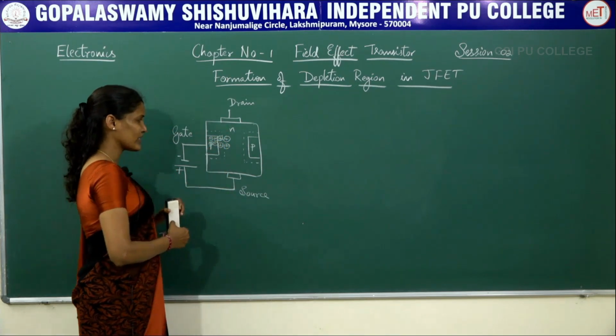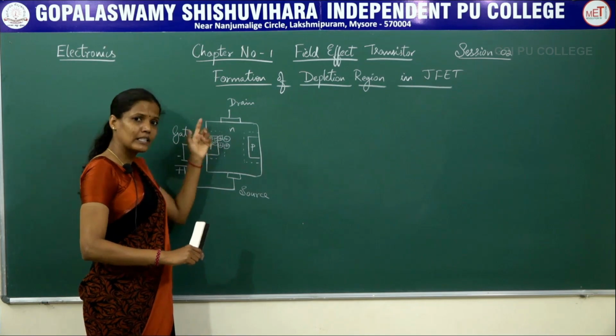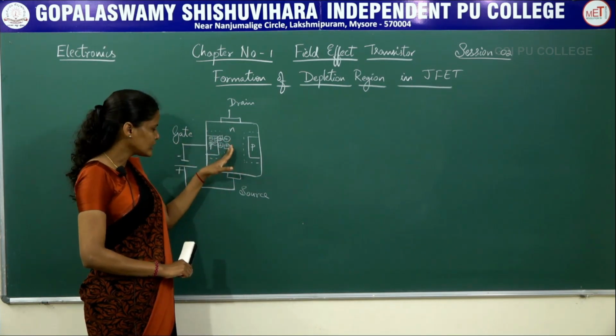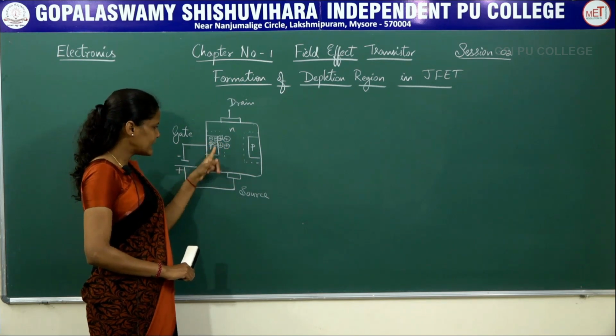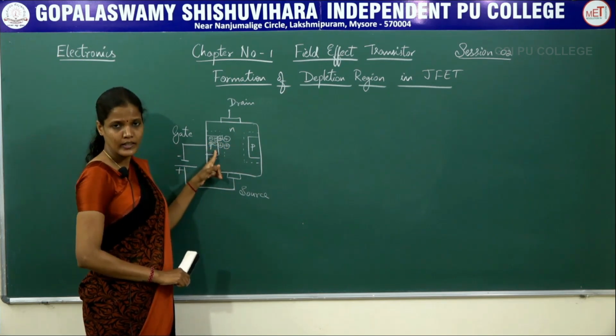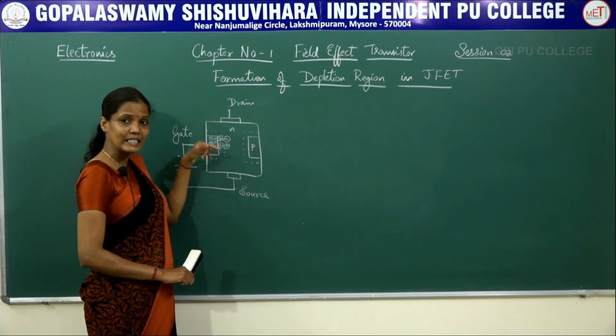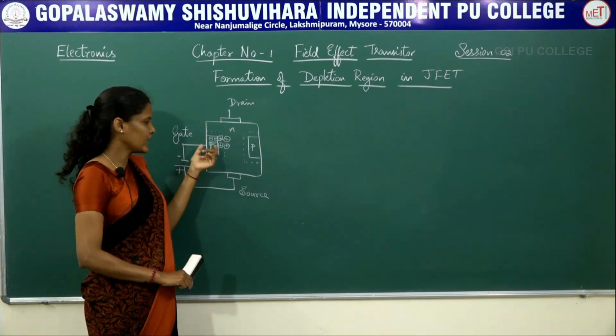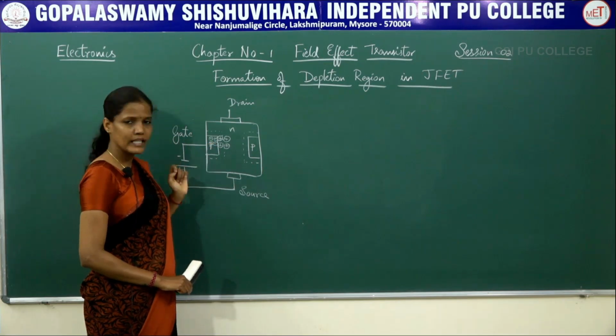What is a positive ion? An atom which has lost an electron will be called a positive ion. Those electrons have crossed the junction and reached the atoms present on the p side. The atom which has gained an electron is represented by negative polarity. So these are negative ions.